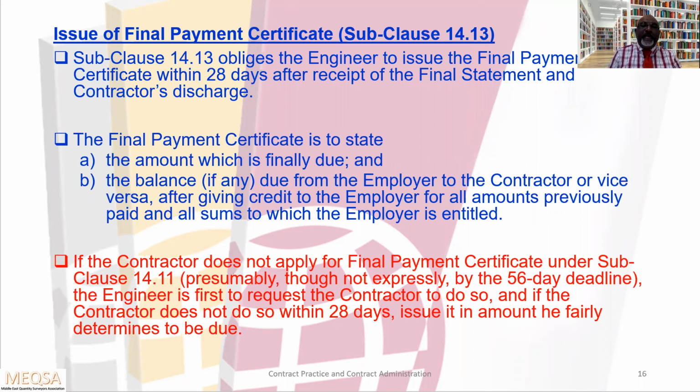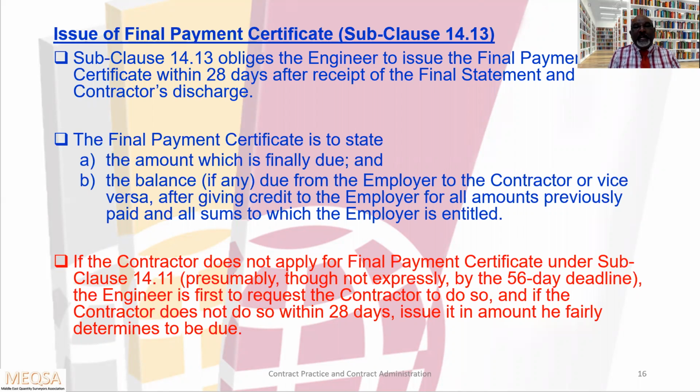Issue of final payment certificate, Subclause 14.13. Subclause 14.13 obliges the engineer to issue the final payment certificate within 28 days after receipt of the final statement and contractor discharge. Okay, the contractor has to submit the final statement, and with that he has to submit the contractor discharge.